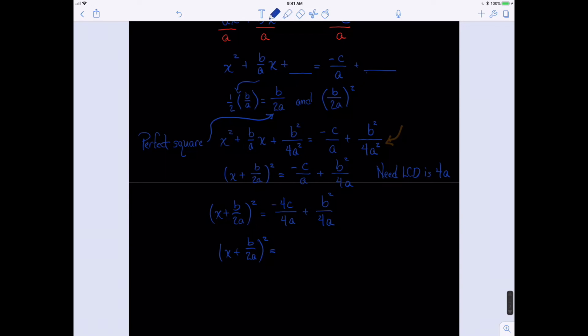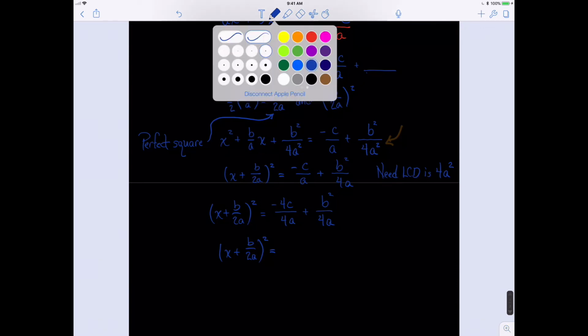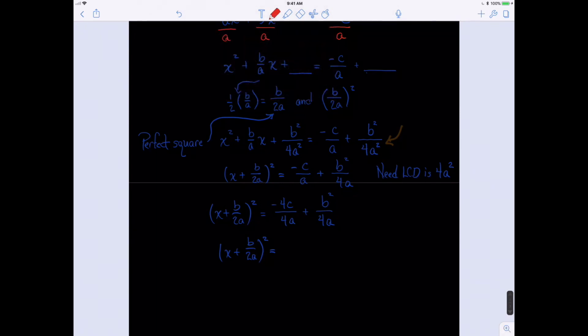We need an a squared. I'll do this in red so you can see my corrections. This is the difficulty with being human: I need another a there, and this should be an a squared. There we go. Here we are, back on track. You can see that the details are of utmost importance.